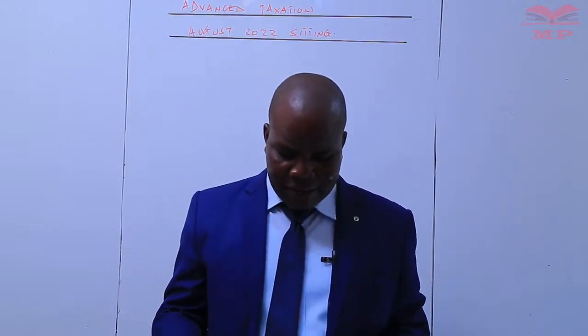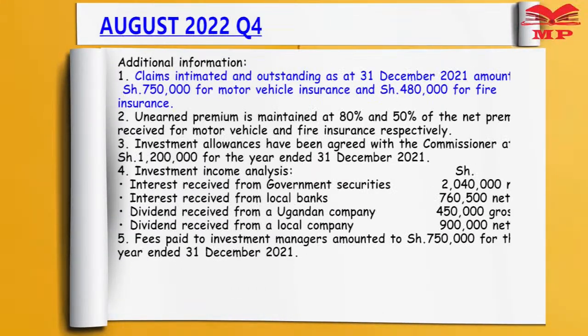So let's analyze the additional information. 1 says, claims intimated and outstanding as of 31st December 2021 amounted to 750,000 for motor vehicle insurance and 480,000 shillings for fire insurance. Now, claims are almost the major expense of an insurance company.